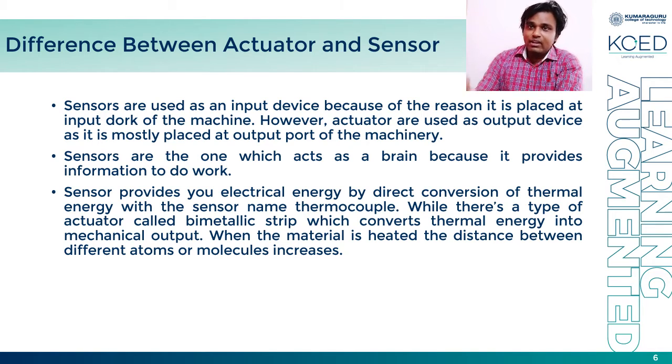It is giving the input to the system. A sensor named a thermocouple provides electrical energy by direct conversion of thermal energy, while there is a type of actuator called a bimetallic strip which converts thermal energy into a mechanical output. So anything can be possible there. The sensor converts thermal energy into electrical energy. The bimetallic strip converts thermal energy to mechanical energy.